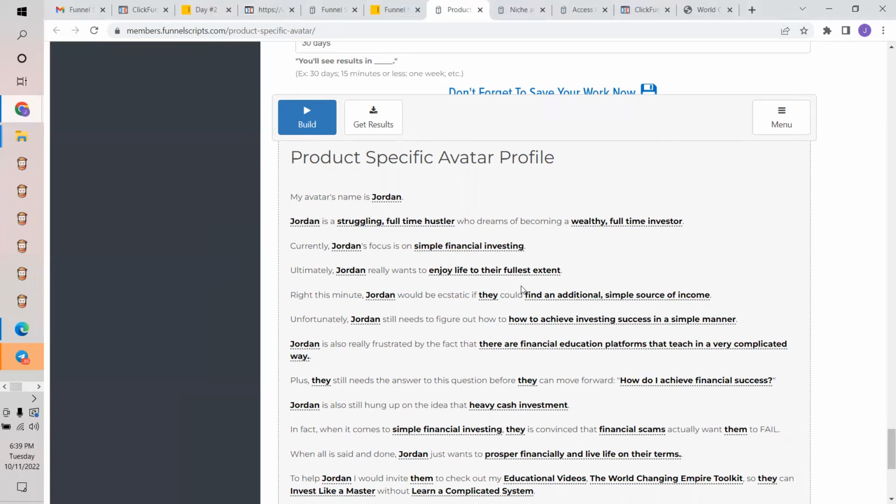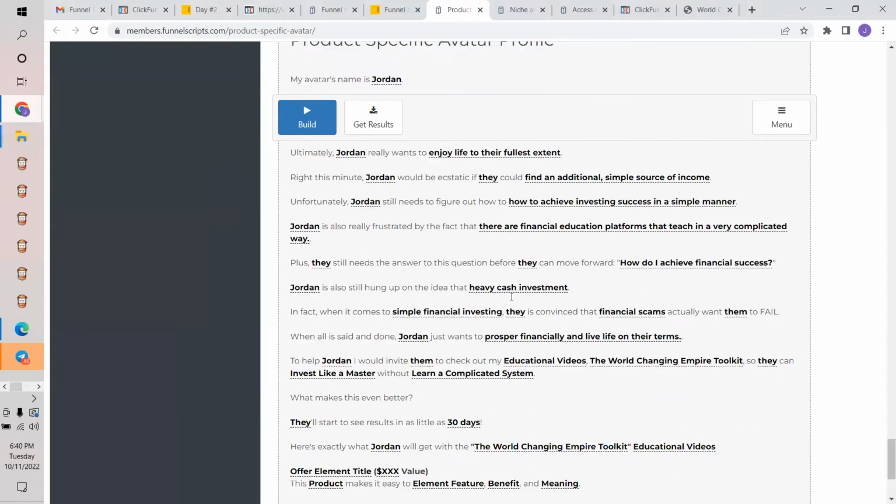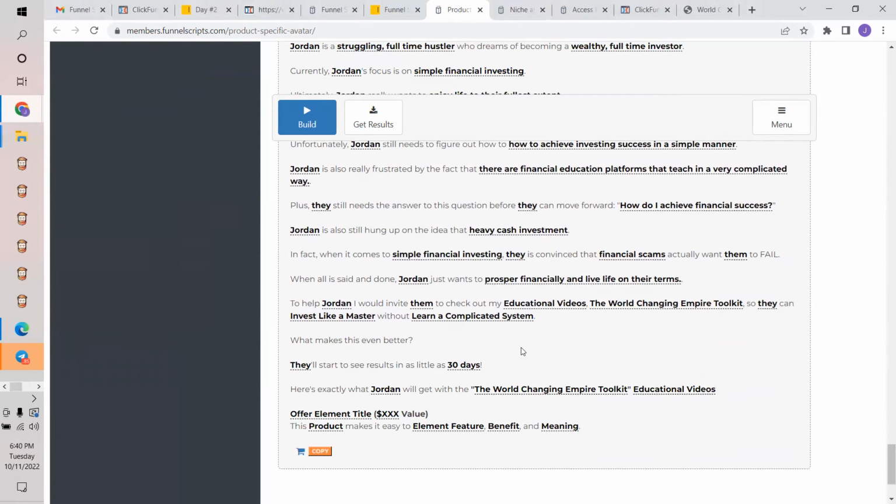Jordan is also really frustrated by the fact that there are financial education platforms that teach in a very complicated way. Plus, they still need the answer to this question before they can move forward. How do I achieve financial success? Jordan is also still hung up on the idea that heavy cash investment.